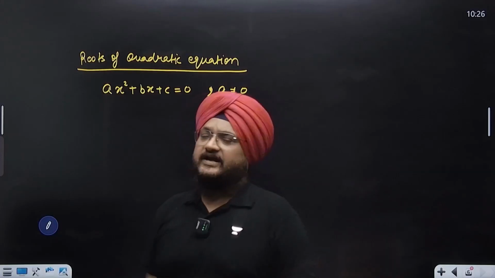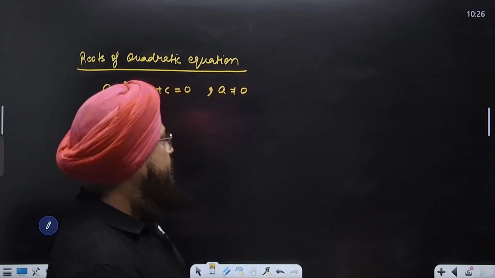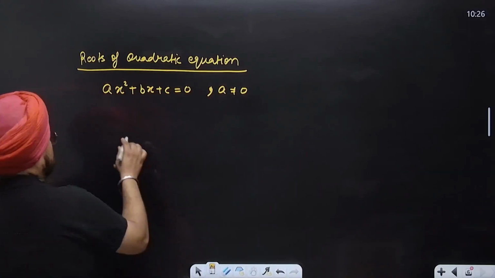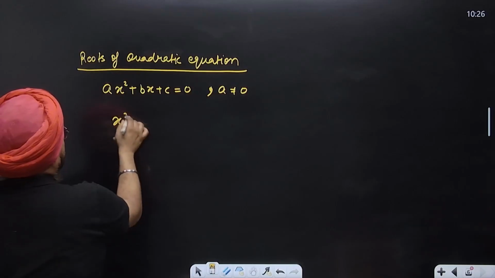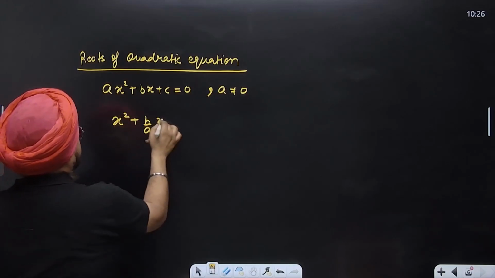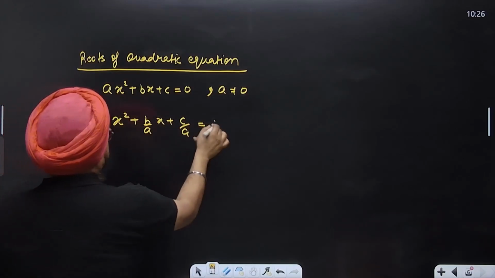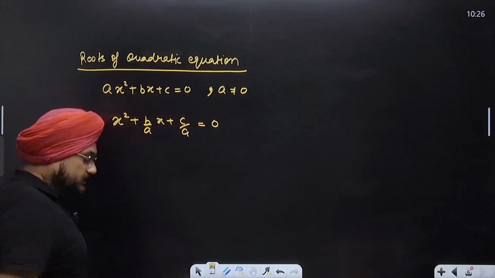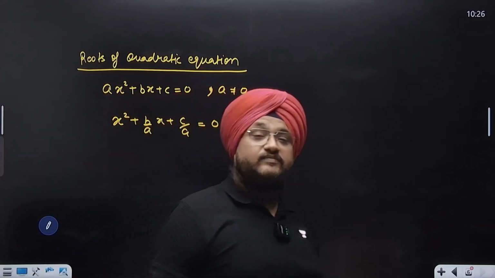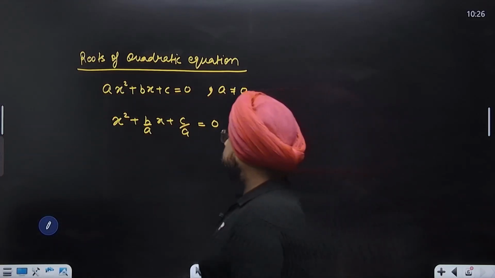First we will find the roots of this quadratic equation. So what I will do, I will divide the equation by a, and I will use the concept of making perfect square.